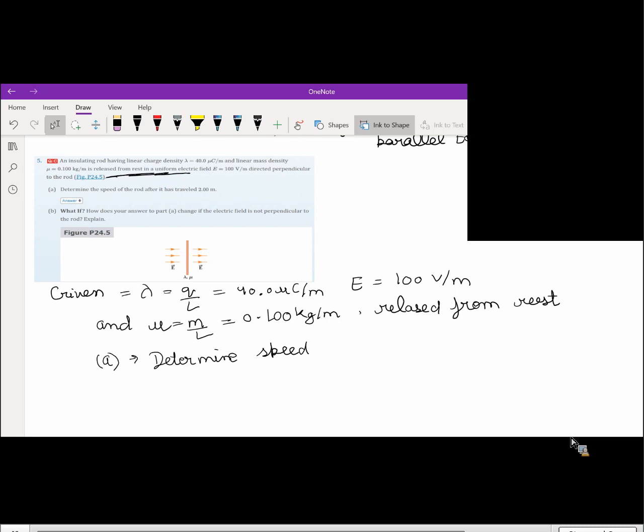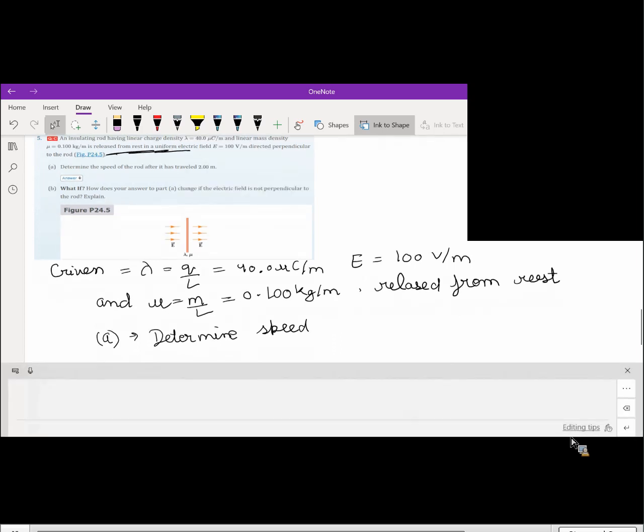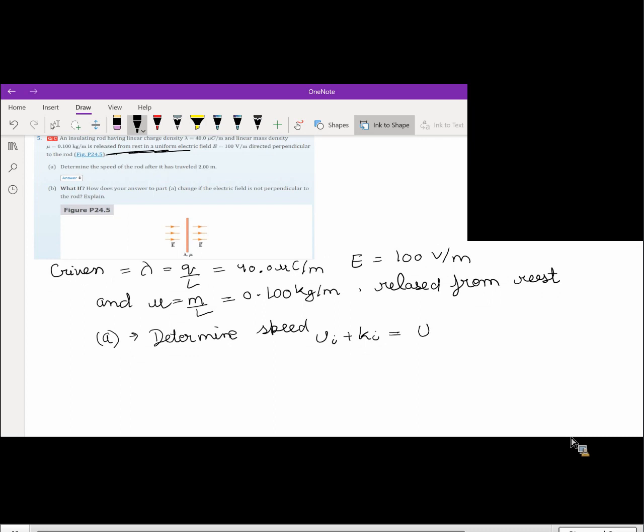If you remember your mechanics, total energy is always conserved in any closed system. That means if it's free of external forces, then the total energy is always conserved. So this system is released from the rest. That means initial potential energy plus kinetic energy should be equal to the final potential energy plus kinetic energy.